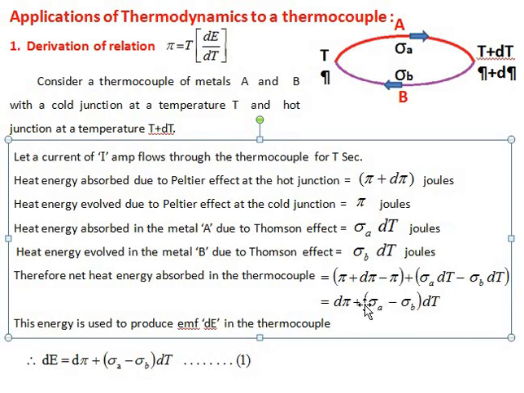It is used to produce the thermo EMF, that is dE. So this equation can be written as dE is equal to d pi plus into bracket sigma A minus sigma B into dT. Call this equation number 1.